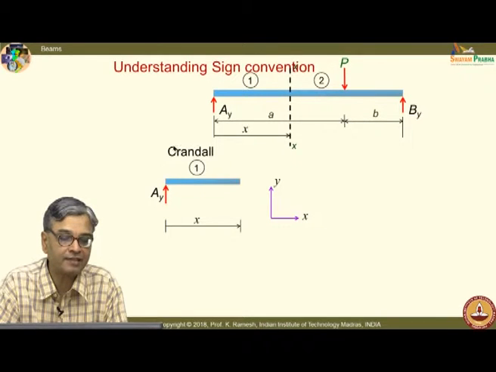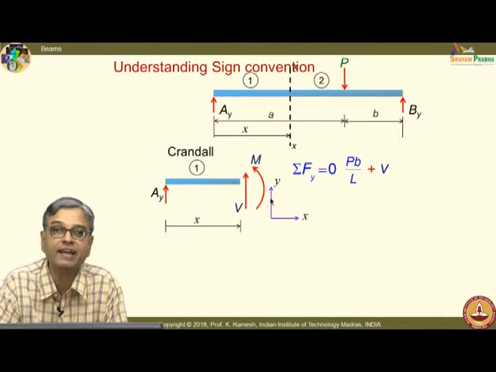And here I have taken the Crandall and Dahl sign convention. I put the force like this, and when I write the equation, I would put it as plus V, because this coincides with the positive direction of the coordinate axis. And when I write the moment, this is already in the positive direction.